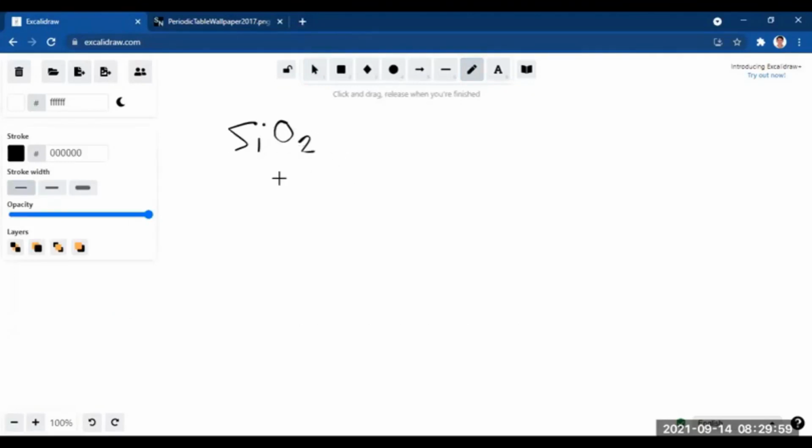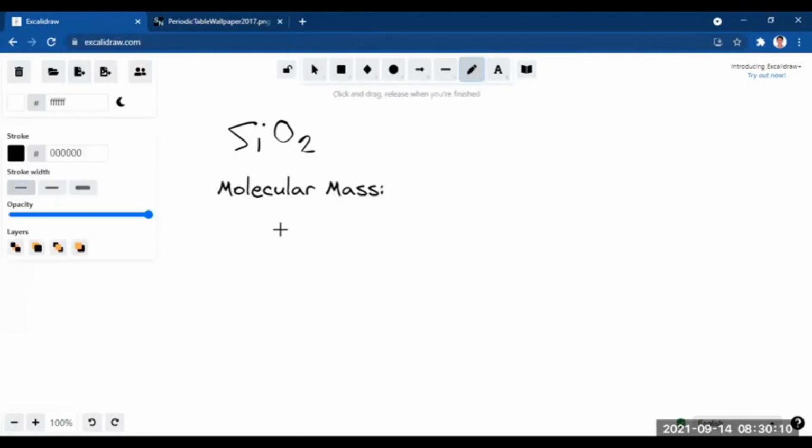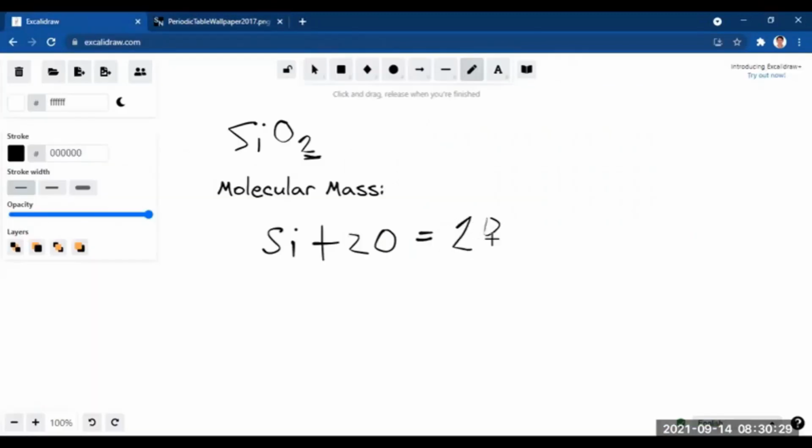SiO2. Okay. Molecular mass. So this is made up of 1 silicon and 2 oxygen. Okay, 2 oxygen. Again, silicon was 28.086 amu, plus oxygen is 16.